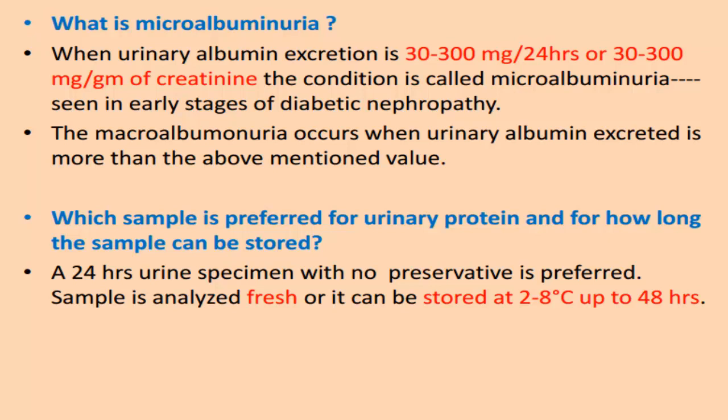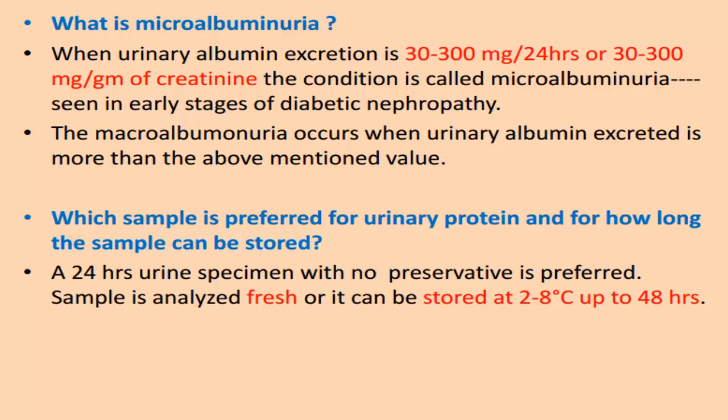Usually, in early stages of diabetic nephropathy, microalbuminuria occurs. The macroalbuminuria or simply albuminuria occurs when urinary albumin excreted is more than the above mentioned value.